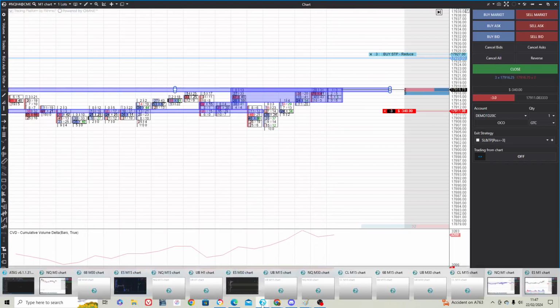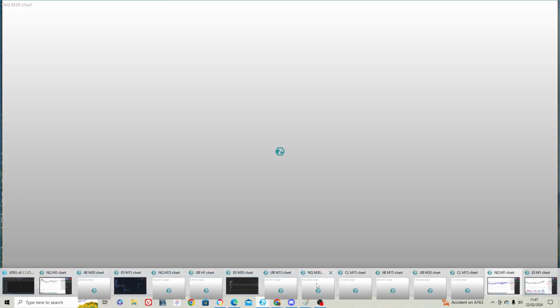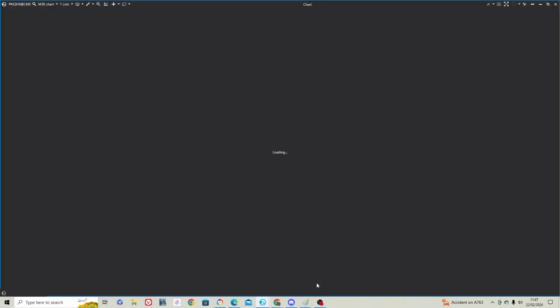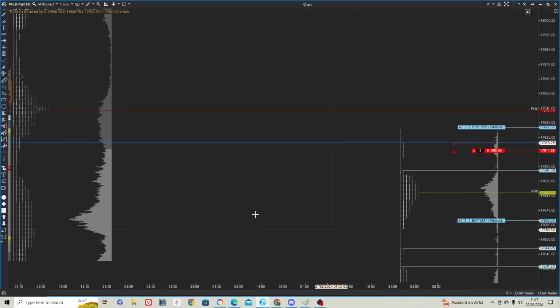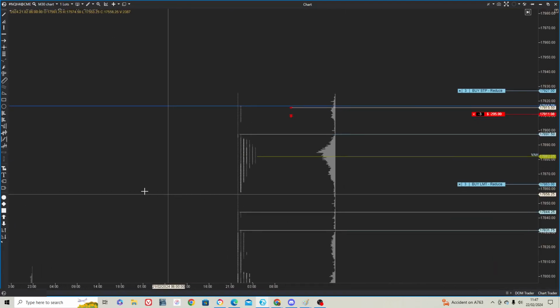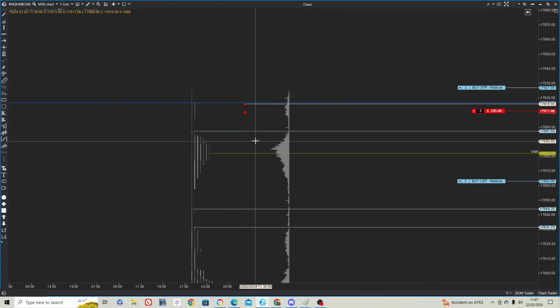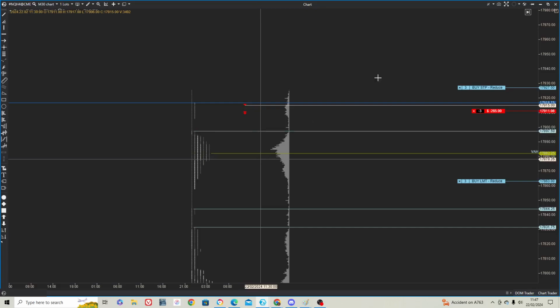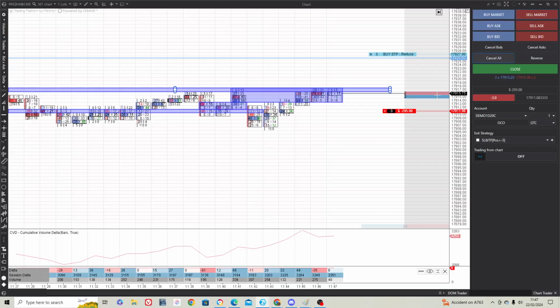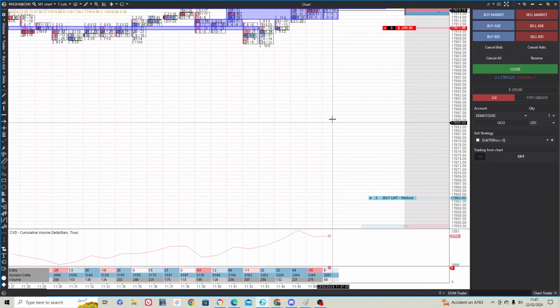What do we see on volume profile? Market profile, apologies. Okay, single print at 17897.50. Okay, so we have a target, 17.